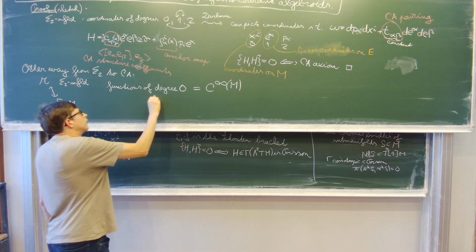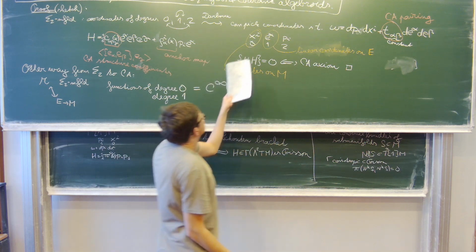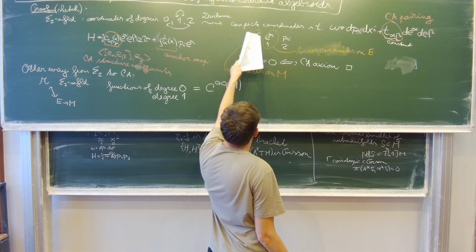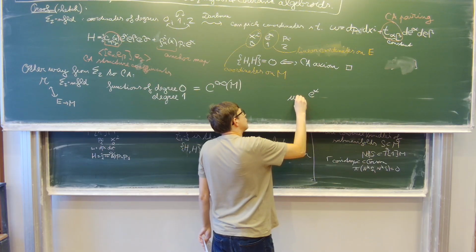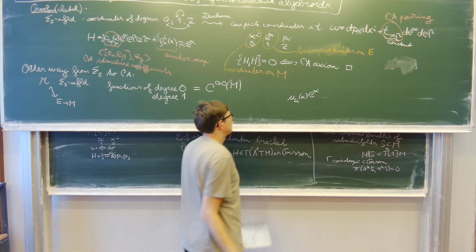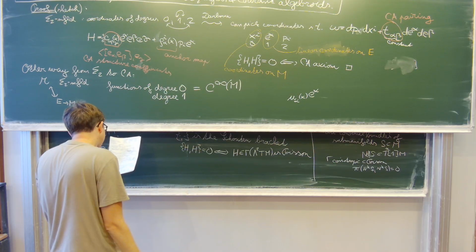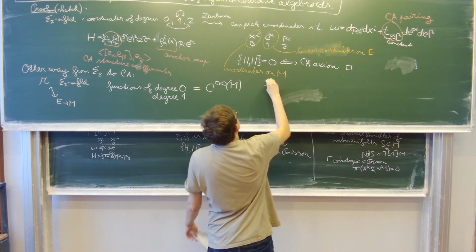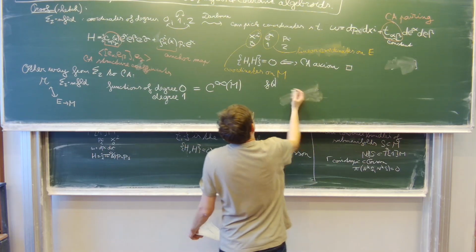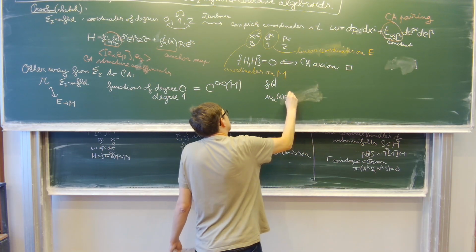Now functions of degree 1 should have one of the e's, so they look like e alpha times some u alpha depending on x. And you can identify these with functions of x of the form like this.